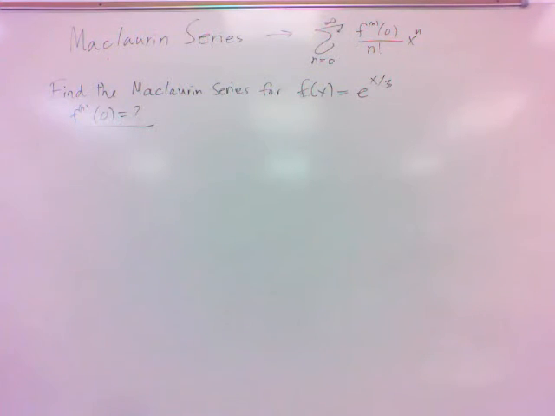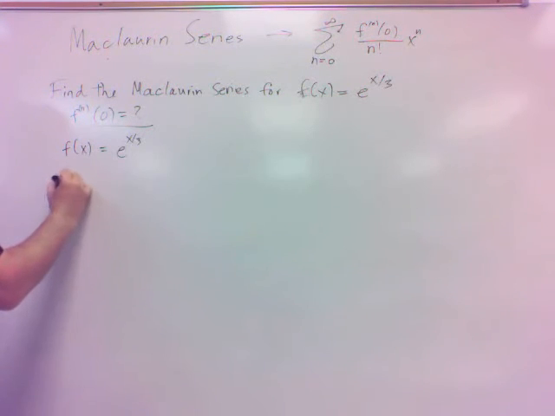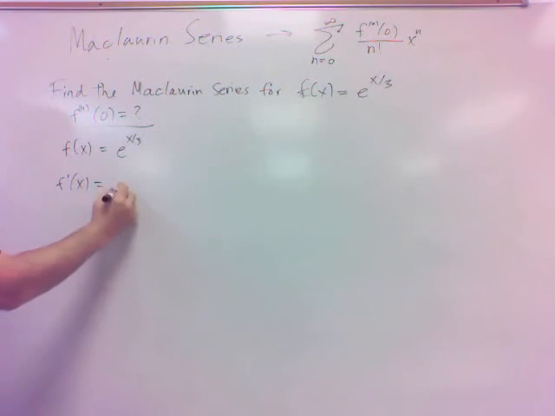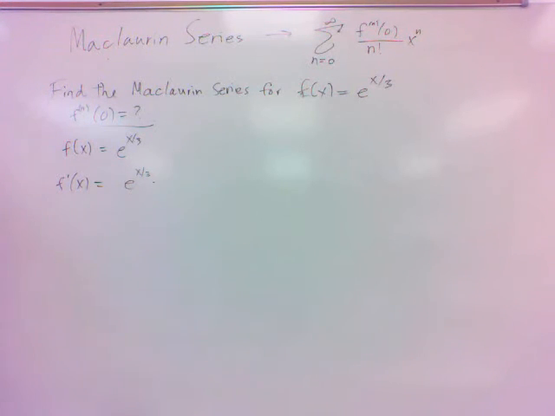I need to start by finding an nth derivative at 0 formula. So f of x is e to the x over 3. The first derivative would be e to the x over 3 times the derivative of x over 3, which is 1/3.